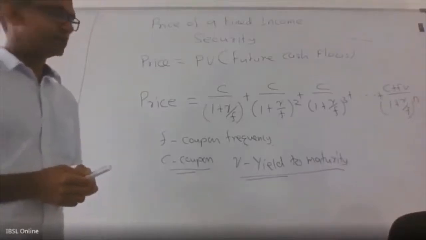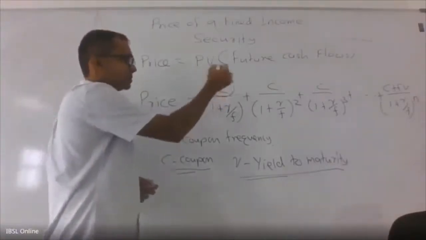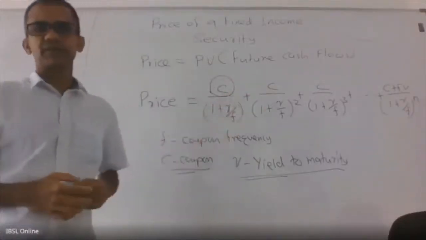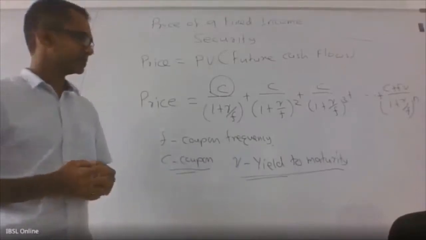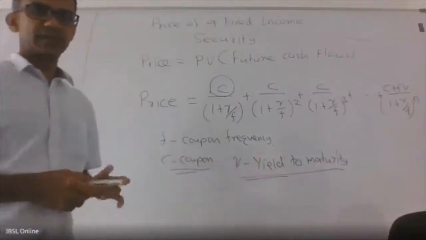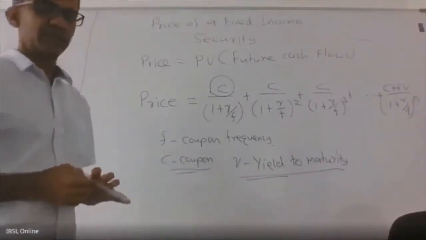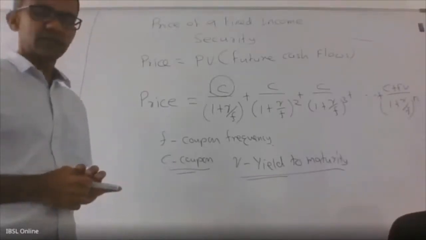Therefore, the investor would be able to invest all the cash flows at the same rate for the remaining period of the bond. Under those assumptions, we call this yield to maturity. That is the return the bondholder can expect if he or she holds that bond until maturity.